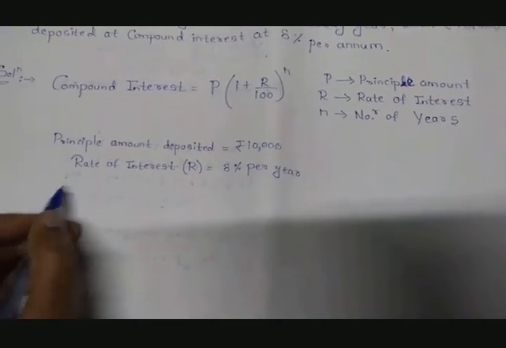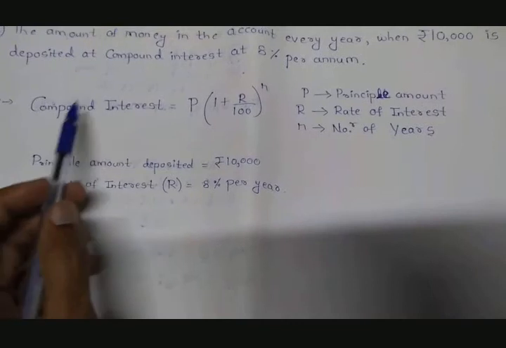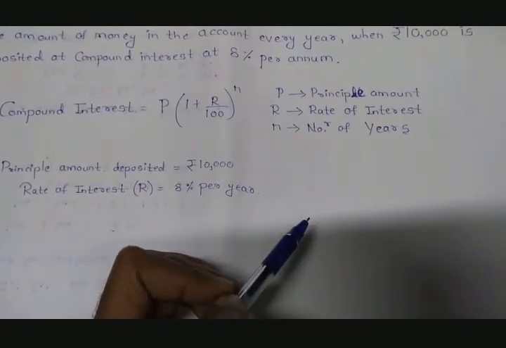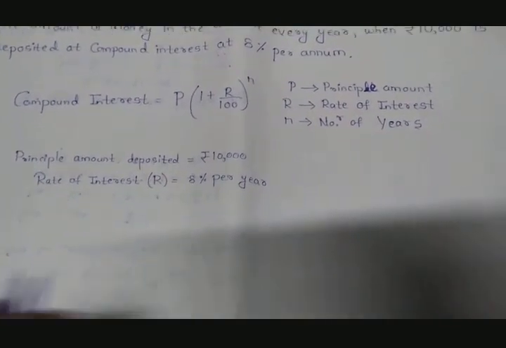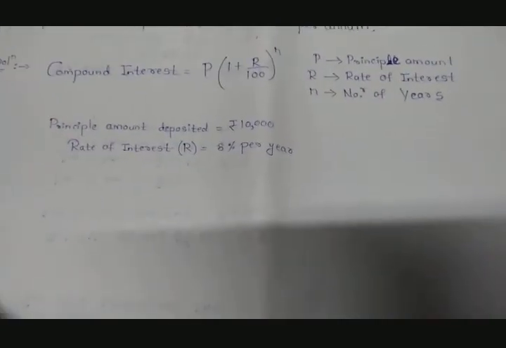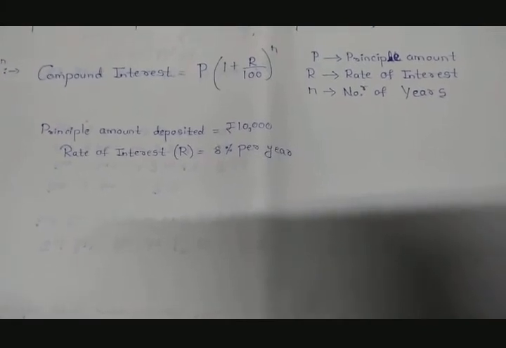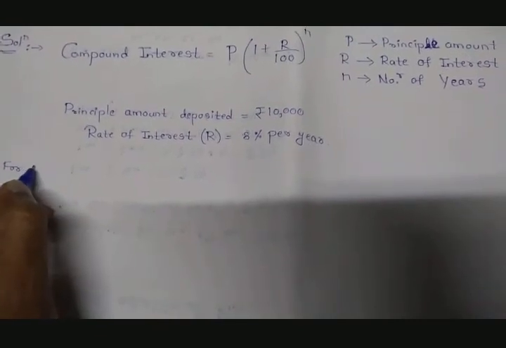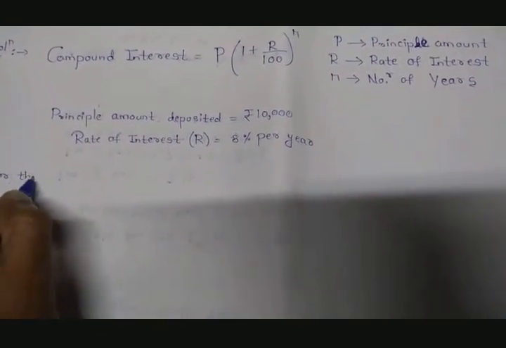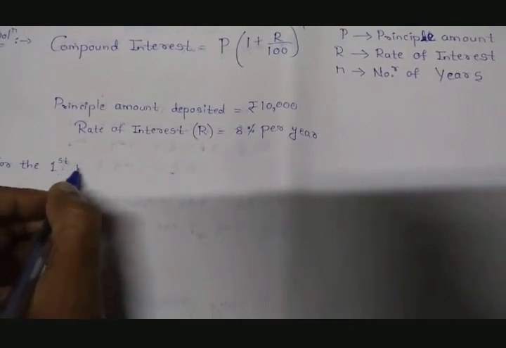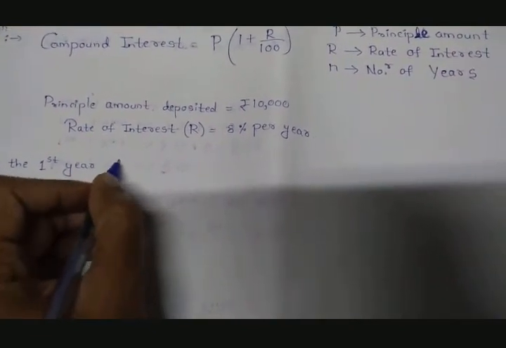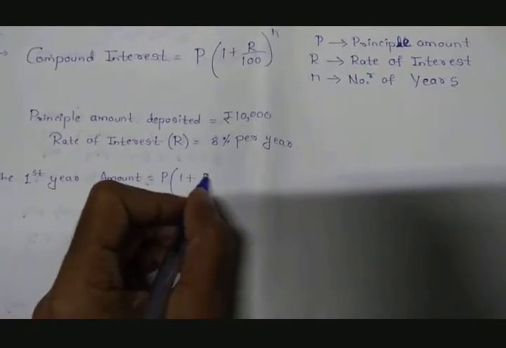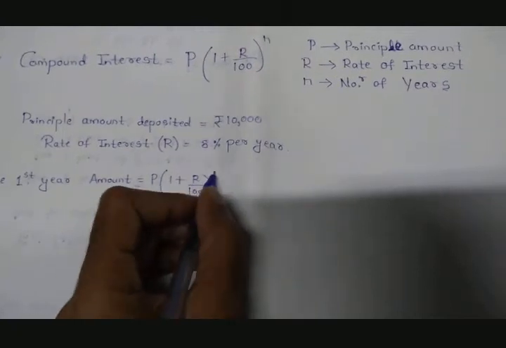So we have to now calculate the compound interest for 1 year, then for 2 years, for 3 years, for 4 years, and so on. We will be using some common sense here. Let us calculate for the first year. The amount is given by P into 1 plus R divided by 100 whole raised to n.